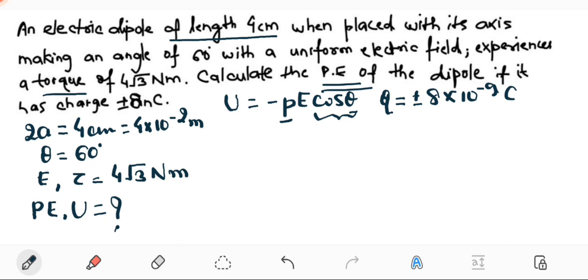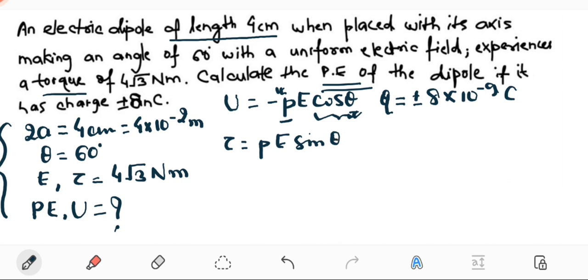For potential energy we need three things: theta, so that we can find the value of cos theta, and P, the dipole moment, which we can find from the given things, but we don't have the value of E, that we have to find now. We know the formula torque is equal to P E sin theta.